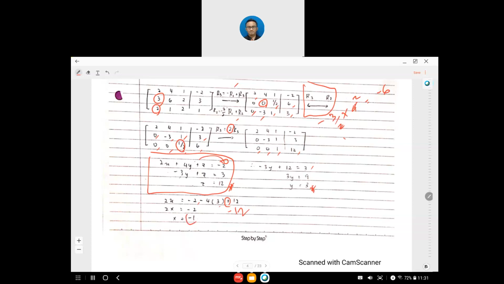So this one is wrong. Supposedly you get negative 2 minus 12, and then negative 12. Supposedly here you get negative 13. Got it? Okay, negative 13. Any problems?